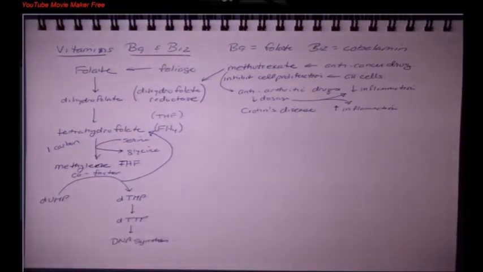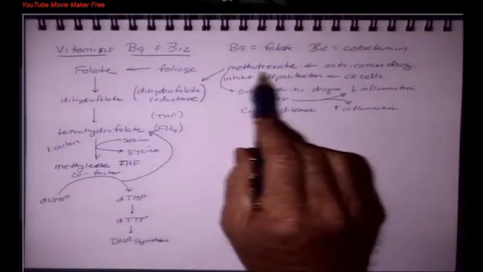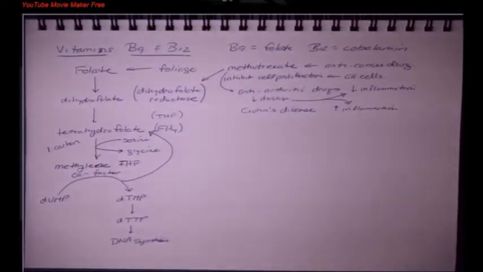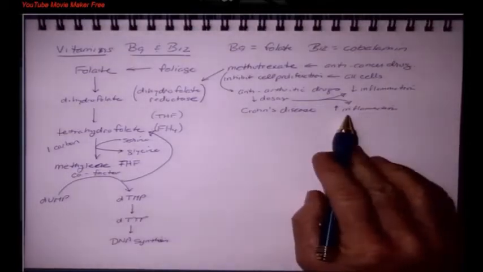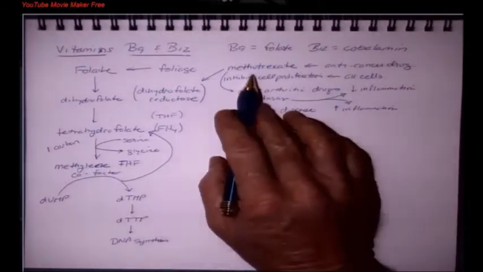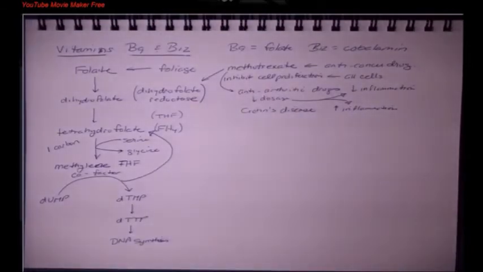Okay, so this is actually one of the first-line therapies that can be tried for Crohn's disease. If you don't want to go to the full biologics, you can try an anti-inflammatory therapy. And one of them is this low-dose methotrexate. Okay?